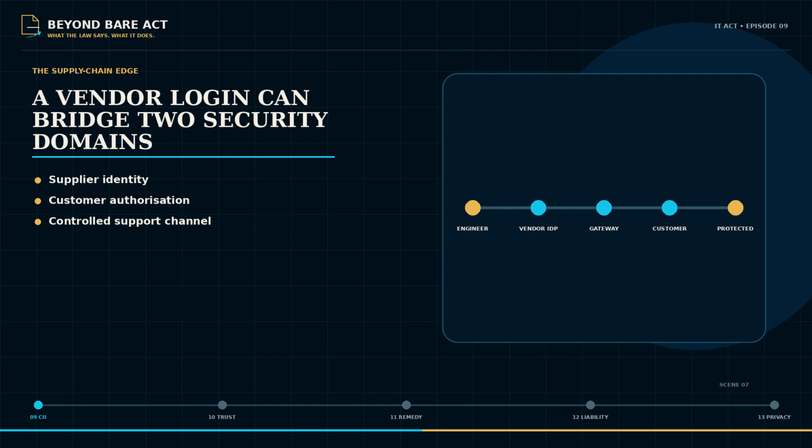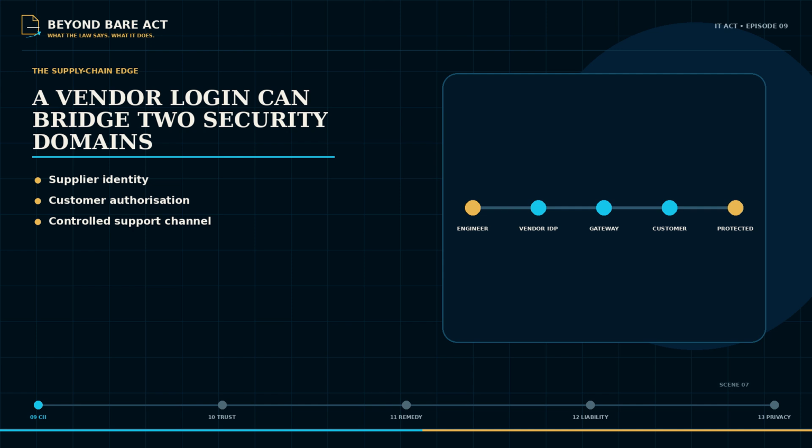The contract describes services. A ticket or change record describes the task. Written authorization identifies who may access the protected system. Technical controls enforce a route and time window. Logs record what actually happened. None of those layers should be assumed from another.